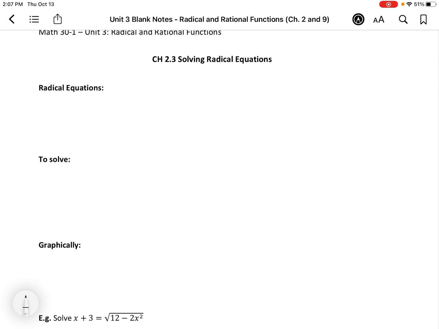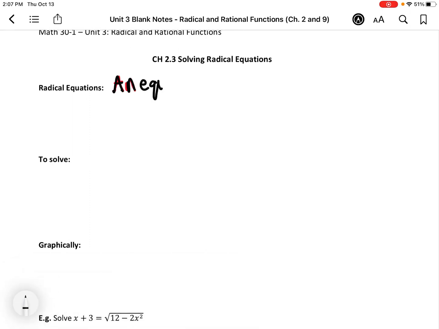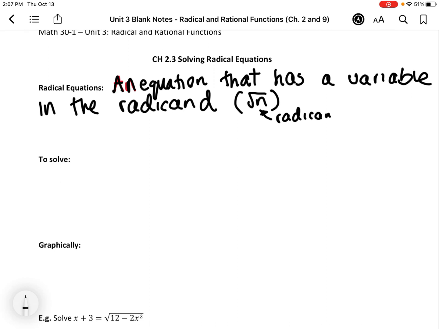Okay, so a radical equation is an equation that has a variable in the radicand, right? So if you think about the square root of n, this is the radicand.